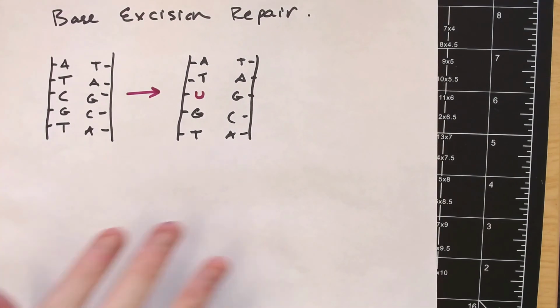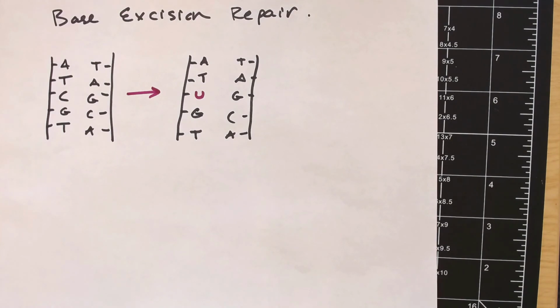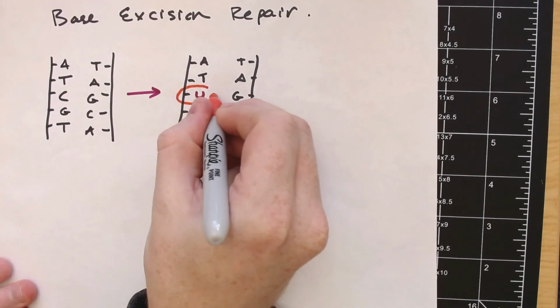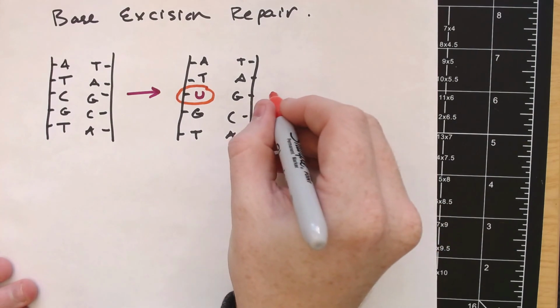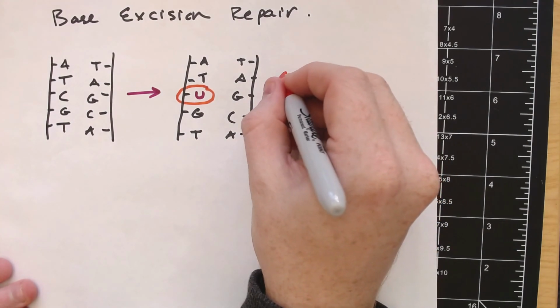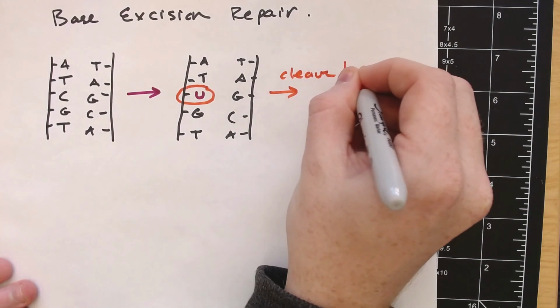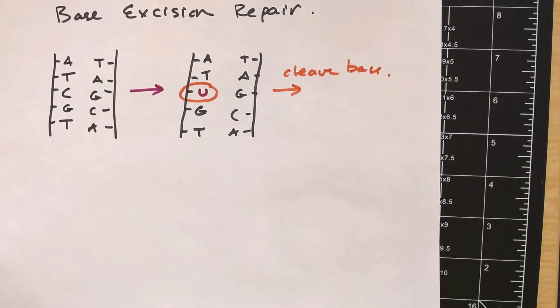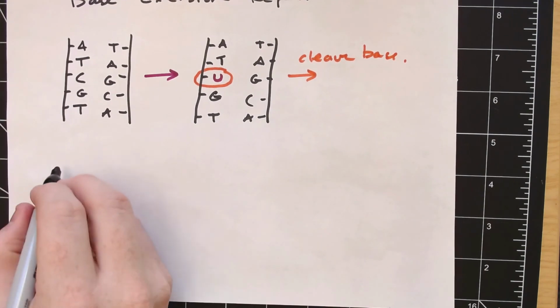And so with base excision repair, the idea, recall, is that we're going to recognize this, and we're going to cleave the base, right? And that's going to give us something that looks more like this now.